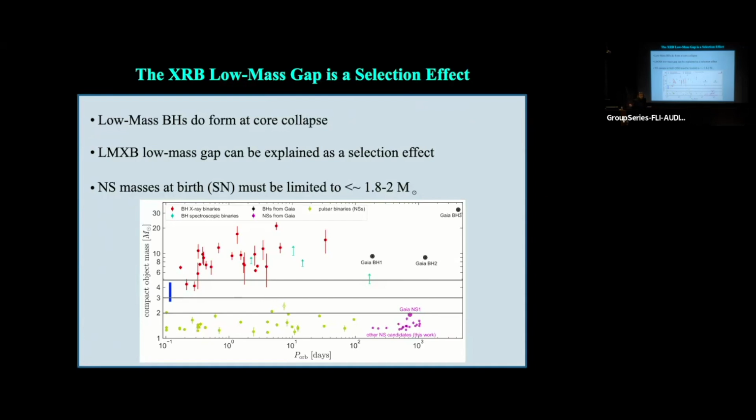We cannot any longer use ad hoc supernova prescriptions that forbid ever the formation of low mass black holes. That violates our gravitational wave observations. This is where 0529 lies. This is the mass range. It doesn't have an orbital period clearly. And the gap is not completely empty from the X-ray binaries.